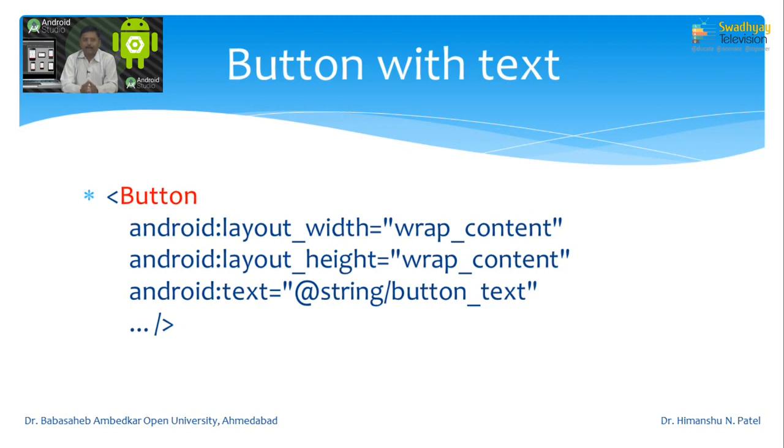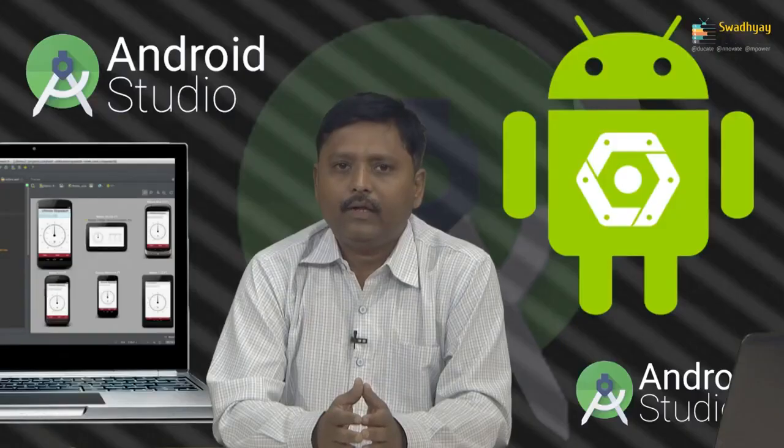Whatever you define in the button_text resource as a string will be displayed as the caption. In this case it may be alarm. button_text is the name of the resource, but the value may be alarm, which we define inside the strings.xml file.